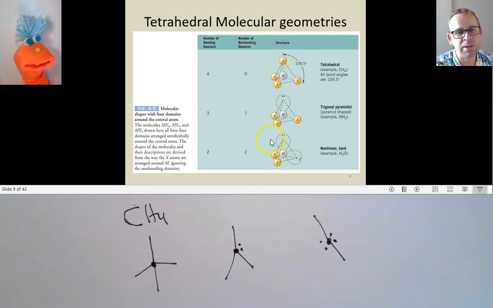Now, it turns out that because these lone pairs take up a little more space, and we'll talk a little bit more about that later on, it squeezes down this angle a little bit, and when they have lone pairs, we say that the angle is a little less than 109.5.